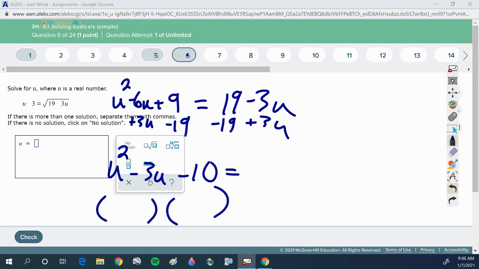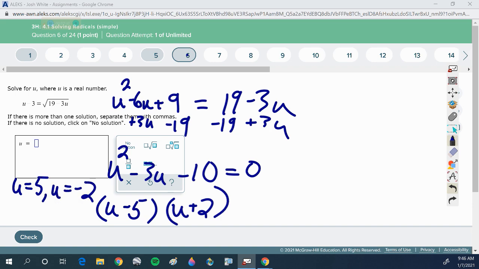Yep, and there's an equal 0 over here. Okay, so u... Two numbers that multiply to be negative 10 and add to be negative 3. Negative 5 and 2. So I get u equals 5 and u equals negative 2.